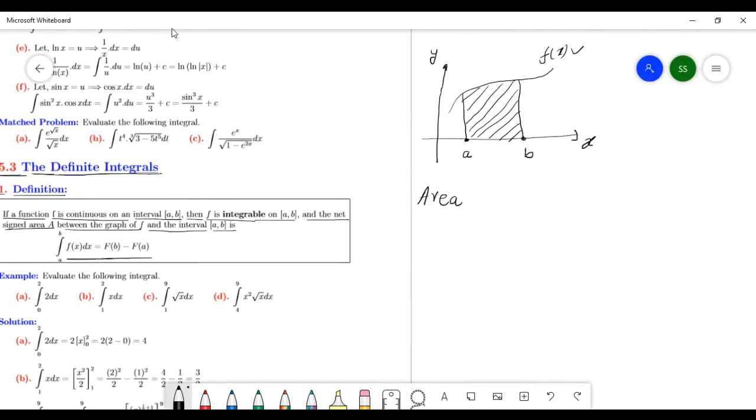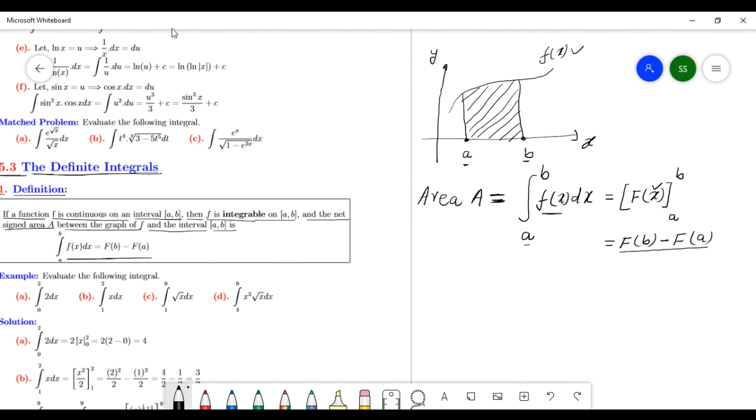How to write this area A? This area A equals the integral from x equals a to x equals b of f(x) dx. Suppose the integral of the small function f(x) is capital F(x). Then you write x equals a here and x equals b here as the limits from a to b. First you put x equal to b, giving F(b), and then minus x equal to a, that is F(a).